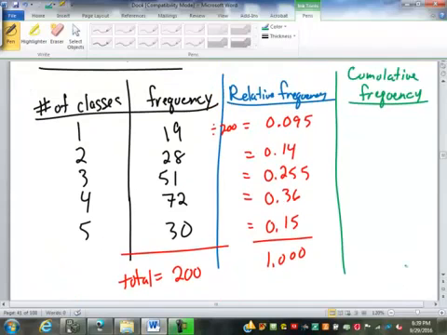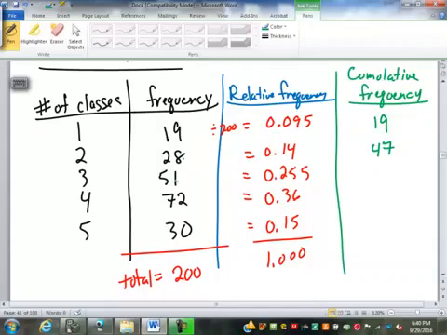Sounds complicated, but it's not so bad. 1 has a frequency of 19, so the first value is going to be the same in our cumulative frequency. 2 has a frequency of 28, but it's that value or less. So 28, plus the 19 that were for the 1. So that's going to be 47 is the cumulative frequency for the 2. Because there's 47 that are either 2 or less. So either 2 or 1 in this case.